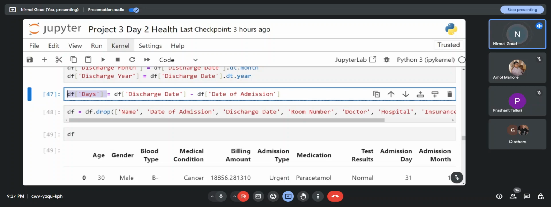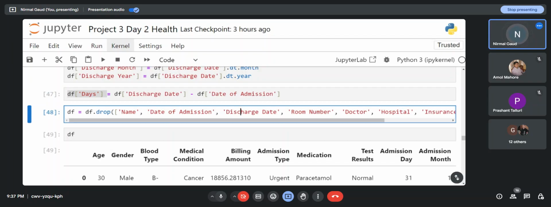Okay, fine. And then later on, I dropped name, date of admission, discharge date, room number, doctor name, hospital, and the insurance provider, because these are something which I considered as per our discussion also, that they are not going to help in the test. Okay, what kind of disease a person has, they are just the names. Doctor, we are having a name.